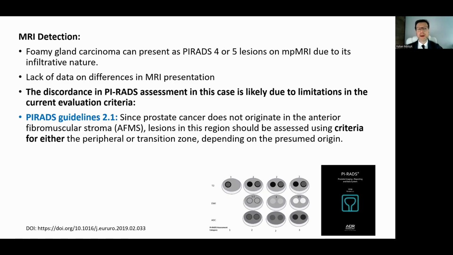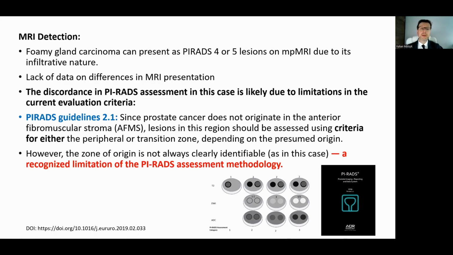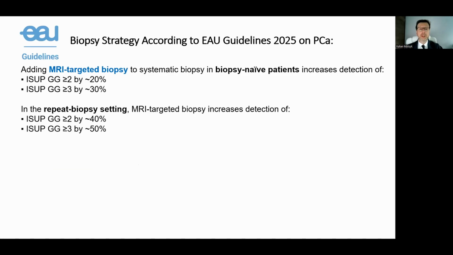According to the latest PI-RADS guidelines, since prostate cancer does not originate in the AFMS, a lesion in this region could be assessed using criteria for either the peripheral or transition zone, depending on the presumed origin. However, the zone of origin is not always clearly identifiable, as in this case, and this is a recognized limitation of the PI-RADS assessment methodology.